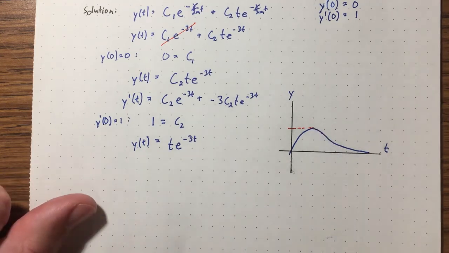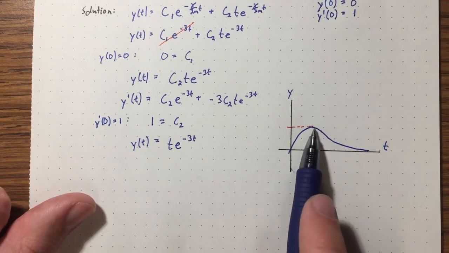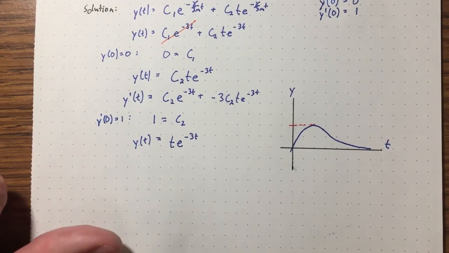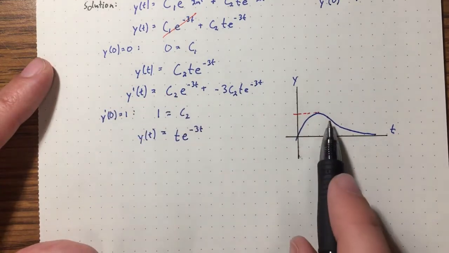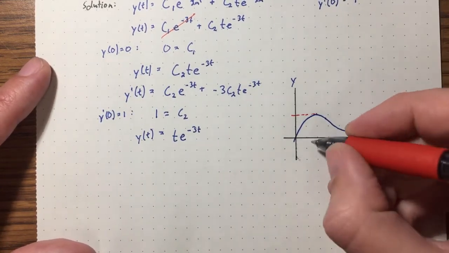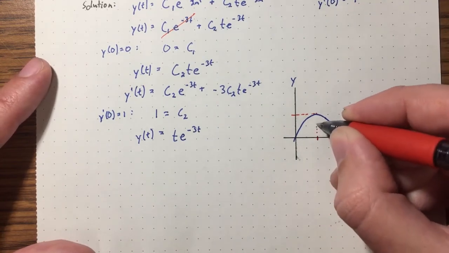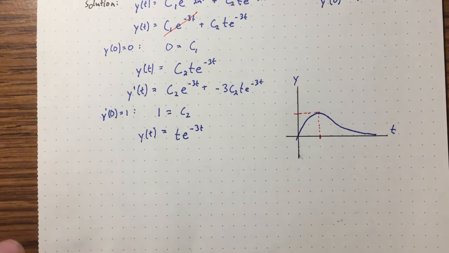The derivative is going to be 0 there. At least for a continuous function, the derivative will be 0 at a maximum. And so we first want to find this value of t that corresponds to this maximum, and then we'll just plug it in to find our maximum value.